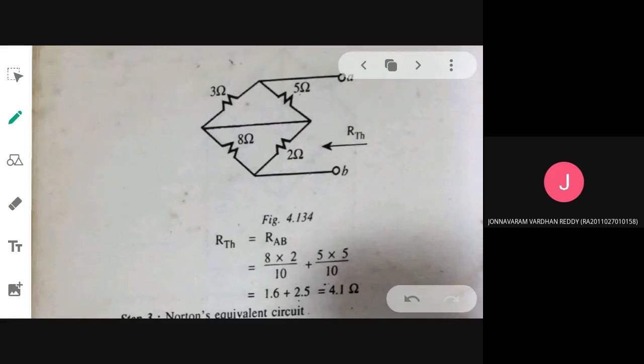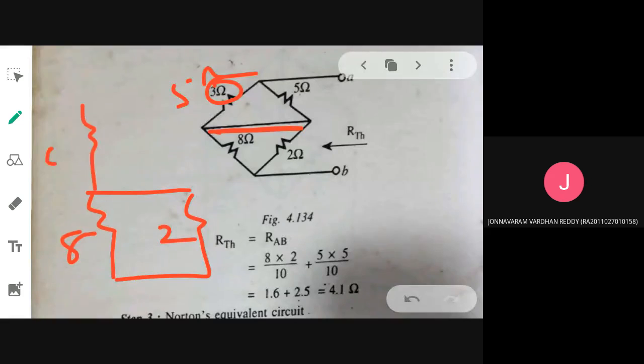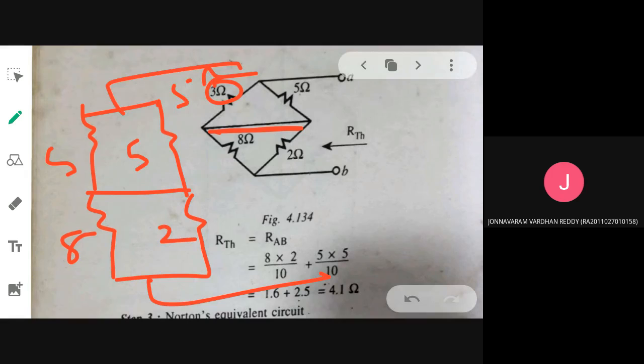So this is 5 ohm, that is a mistake that they have given. Now this terminal is a battery shorted. Here 8 and 2 and here 5 and 5. Yes ma'am, 4.1, R Thevenin.